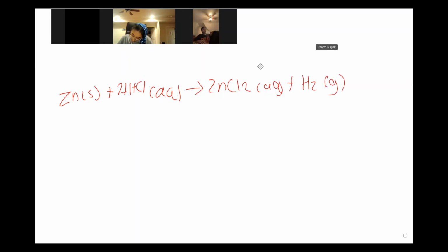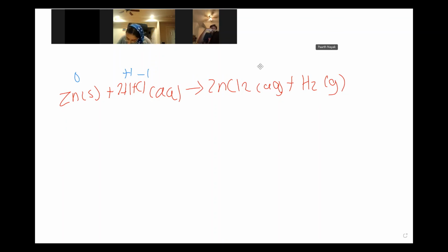Okay, so let's completely disregard the ionic equation because that's not important when doing redox. So let's figure it out. Zinc by itself is 0. Hydrogen is plus 1, which automatically makes Cl minus 1.